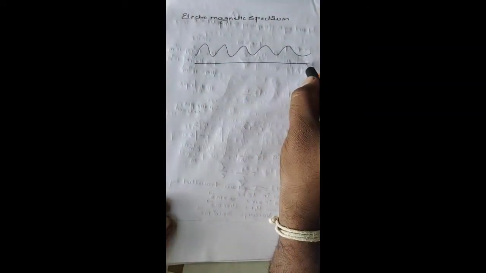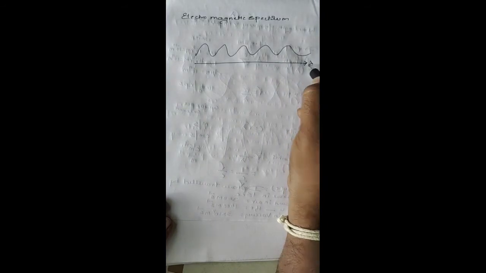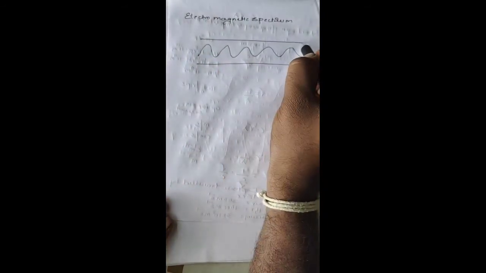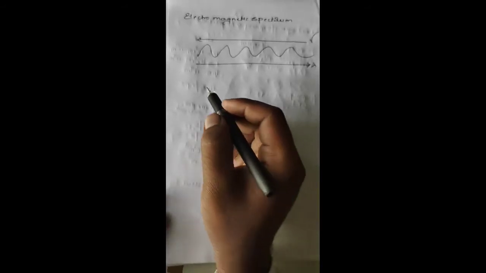One is wavelength, another one is frequency. If wavelength increases, the frequency must decrease. If frequency decreases, the wavelength must increase. Next I am going to write which lines form the rays, the spectrum.